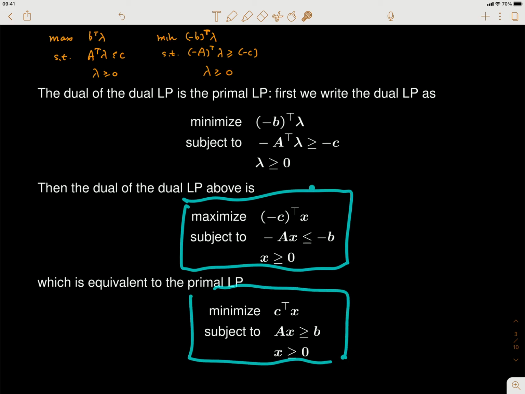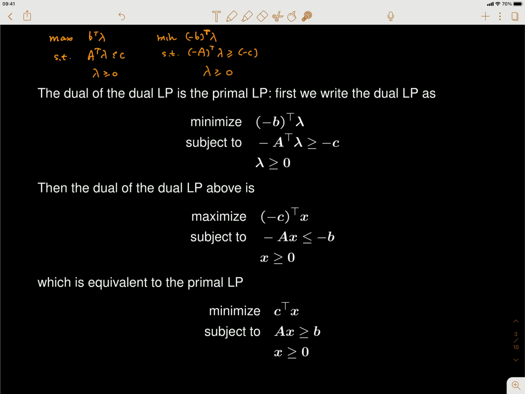We show that this is the dual of this problem. This is actually the original dual problem, we just write it such that it looks like a primal problem. But the dual of that is this, and we show that this is equivalent to this one. So this is the new dual, and this is the original primal.